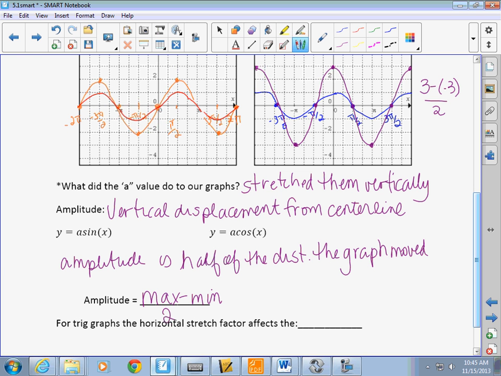Because this graph moved, instead of just moving a distance of from 1 to 1, it's gone from 3 to negative 3. So if you counted up these distances, it's gone 1, 2, 3, 4, 5, 6. So your amplitude is half of that distance. That's all it's saying.